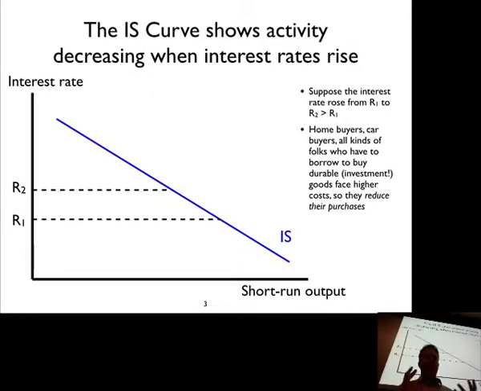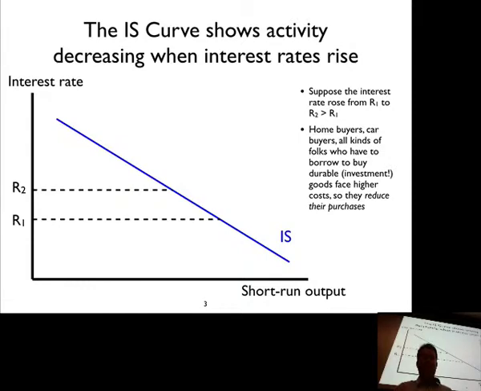So if you have an adjustable rate mortgage, the interest rate goes up, you pay more per month, and that means you have less money to spend on other things. New home buyers who traditionally have sought fixed rate mortgages would also see higher borrowing costs and might buy either less house or not buy a house at all. That could also happen. And you can think about car buyers, anybody who has to borrow to buy durable investment goods. It could also be students facing student loans.